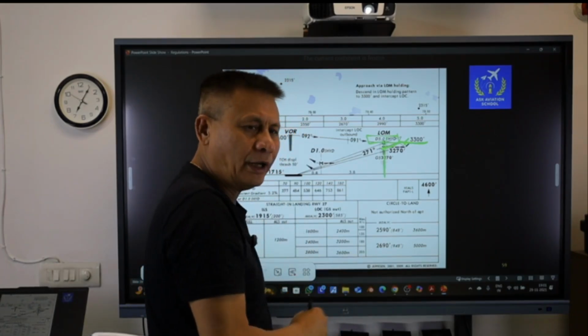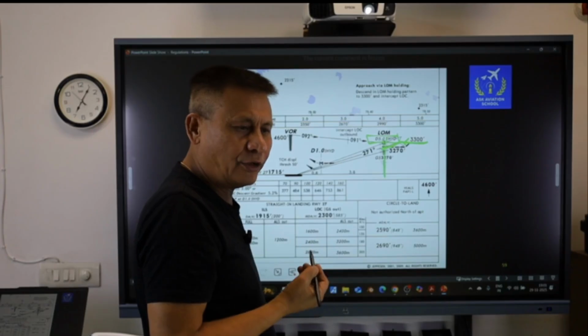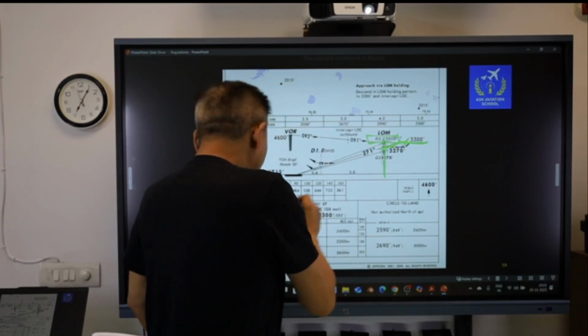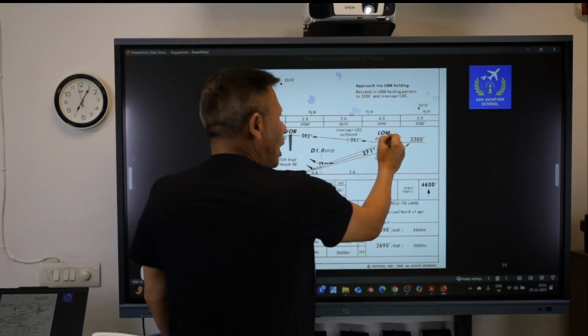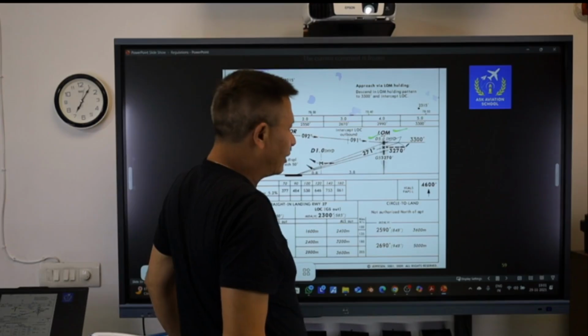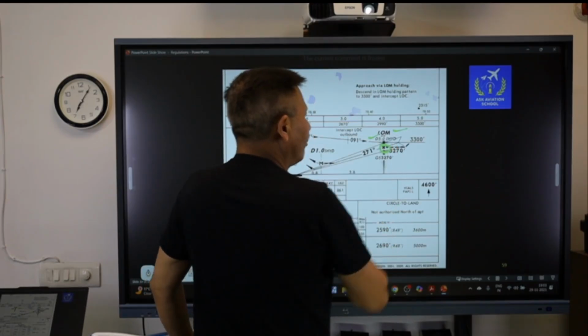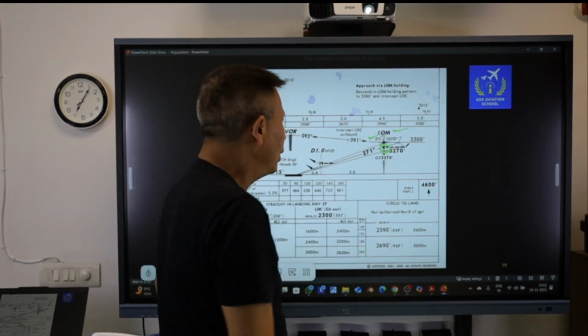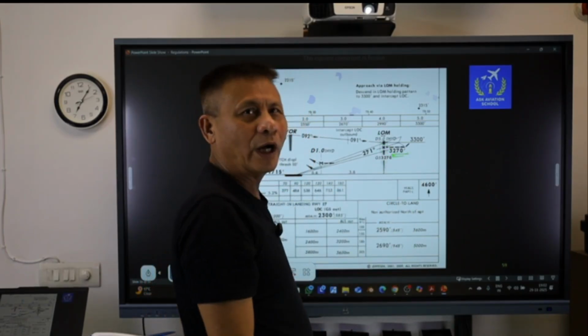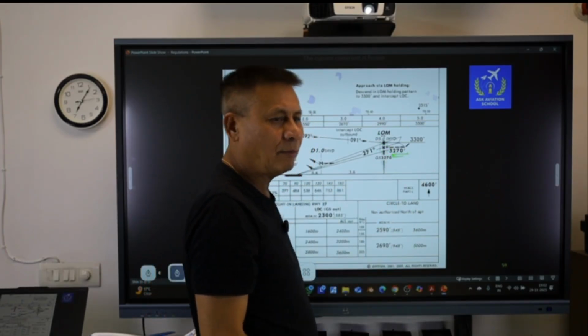This point in the precision approach is called the final descent point. At this final descent point, that is over the outer marker, which is at the distance of 5 DME from the ILS Hyderabad, the indication on my altimeter should be 3270 feet. Then you are correctly placed onto that particular ILS.